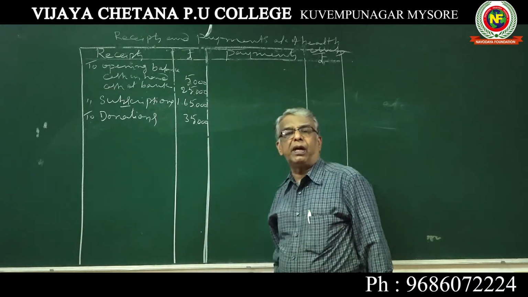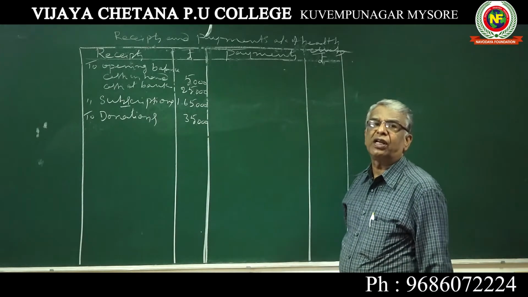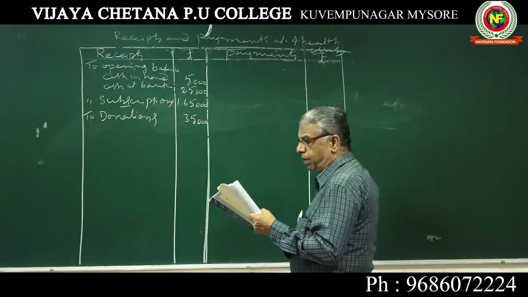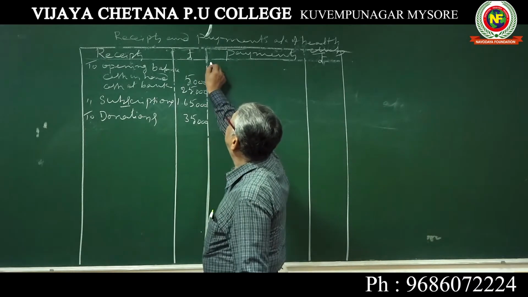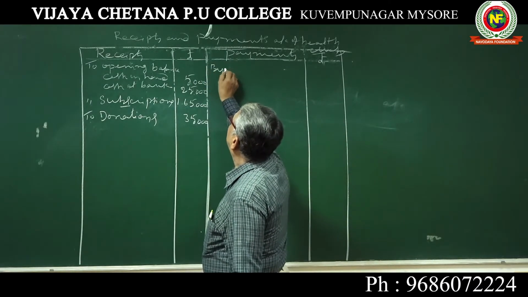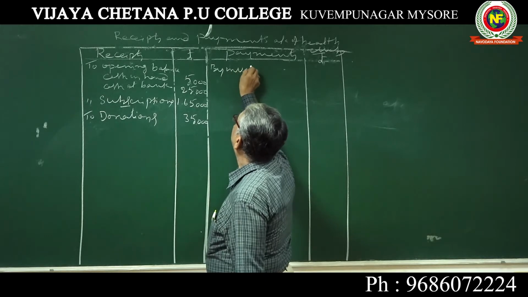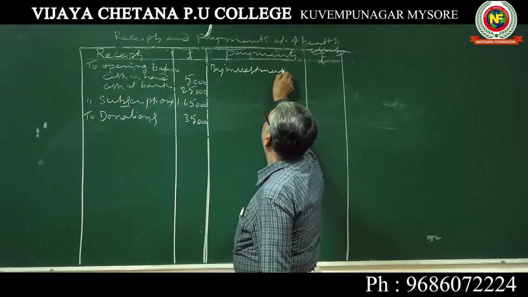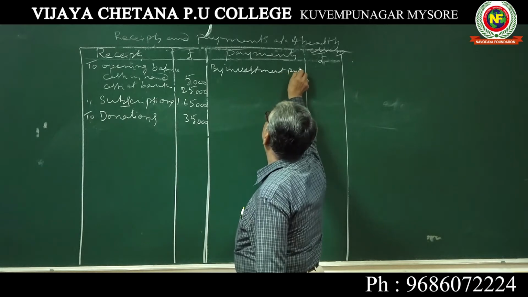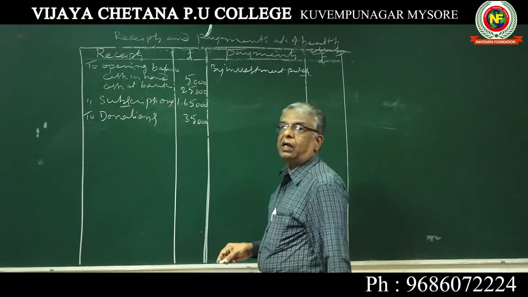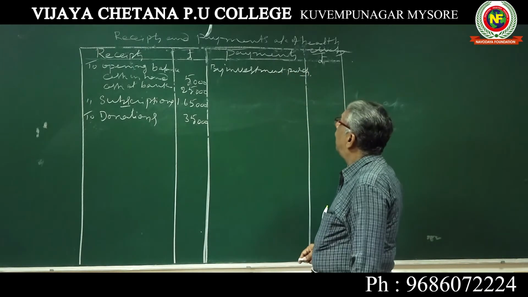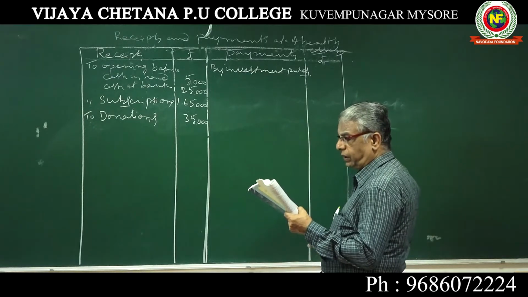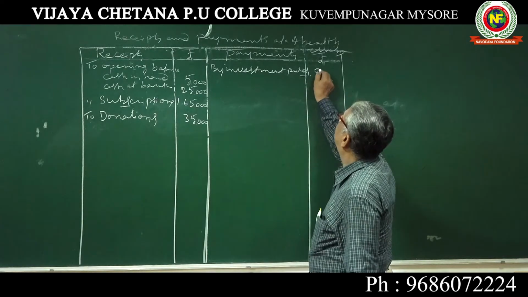And then investment purchase. Investment purchase is a payment made by the non-profit organization, so it has to be shown on the payment side: by investment purchased, a capital item, 80,000 rupees.